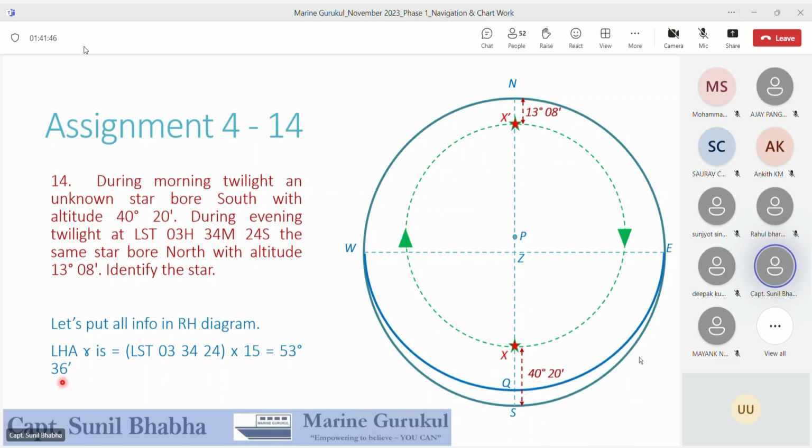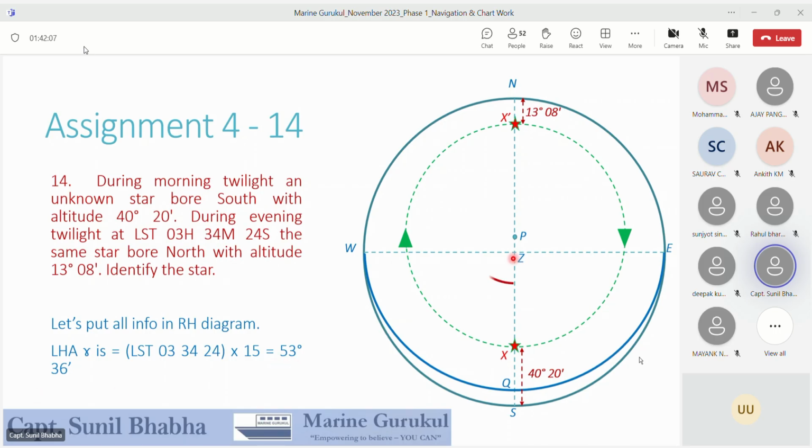Now let's show this value in our diagram here. The observer's meridian is represented by PZQS. This particular line represents the observer's meridian. Now LHA Aries is 53 36.